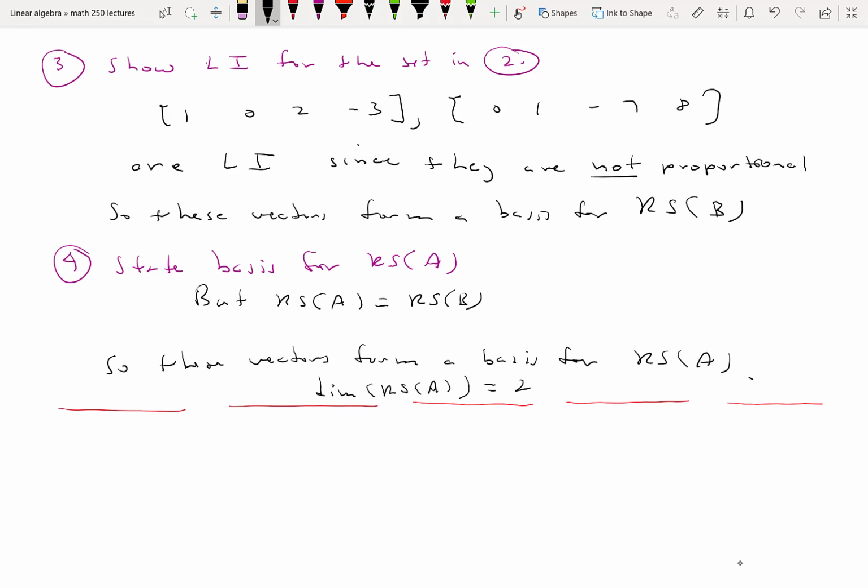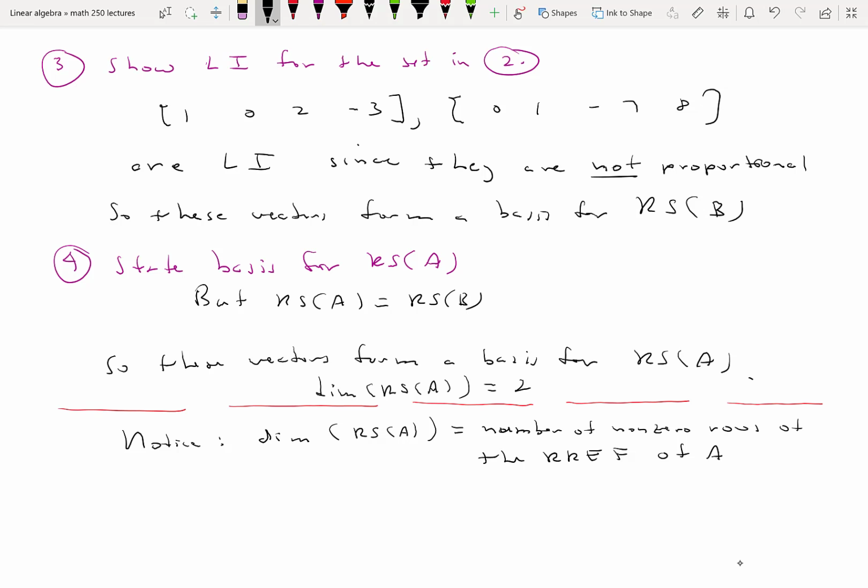Now, notice that the dimension of the row space of A is equal to the number of non-zero rows of the RREF of A. Okay?